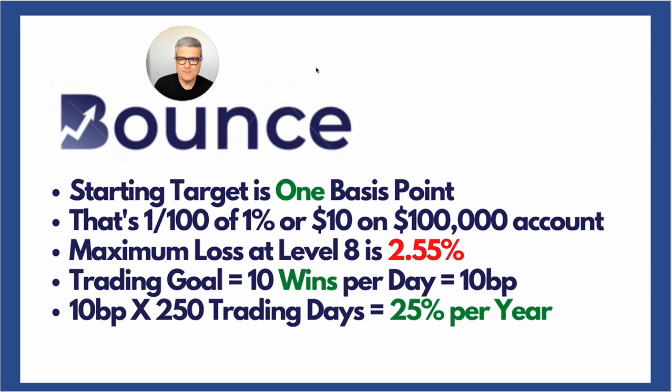And if I'm making 1% per day at this much more leveraged, much more aggressive posture, I then have a very reasonable chance to turn 100,000 into 250,000, because 1% per day at 250 trading days is 250%. And even if I lose twice that year, 25,000, and my total gross P&L is 250,000, I'm still up 200,000 on a $100,000 account, or 10,000 to 20,000 if you're trading smaller sizes.